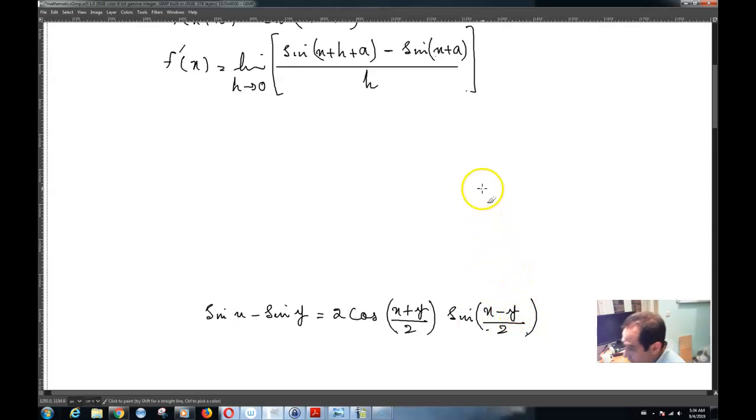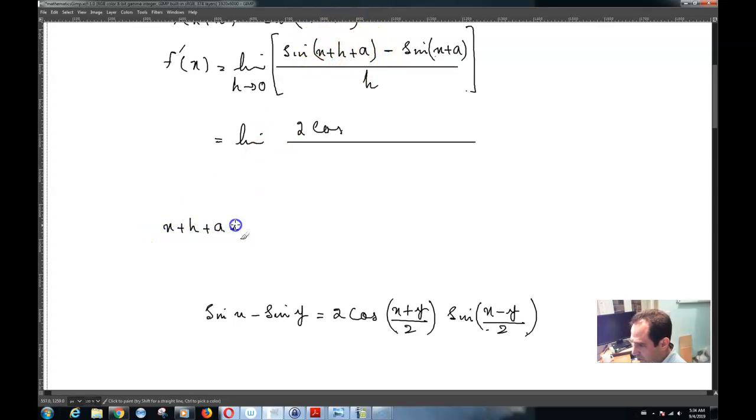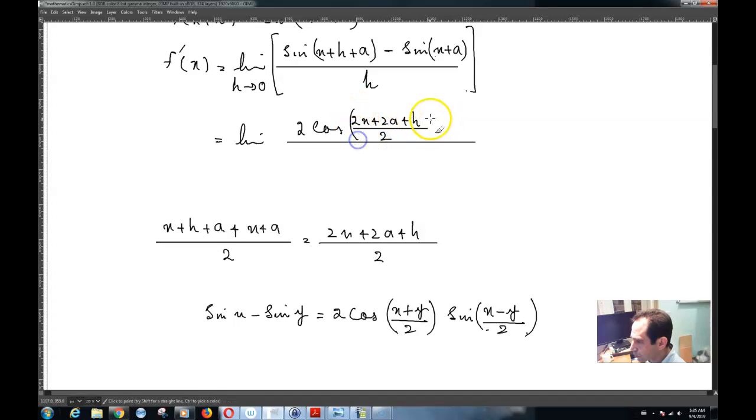Now you can write this as the limit of 2 times cos of x plus y divided by 2. This would be x plus h plus a plus y, which is x plus a, divided by 2. That's 2x plus 2a plus h divided by 2, times sine of x minus y divided by 2.